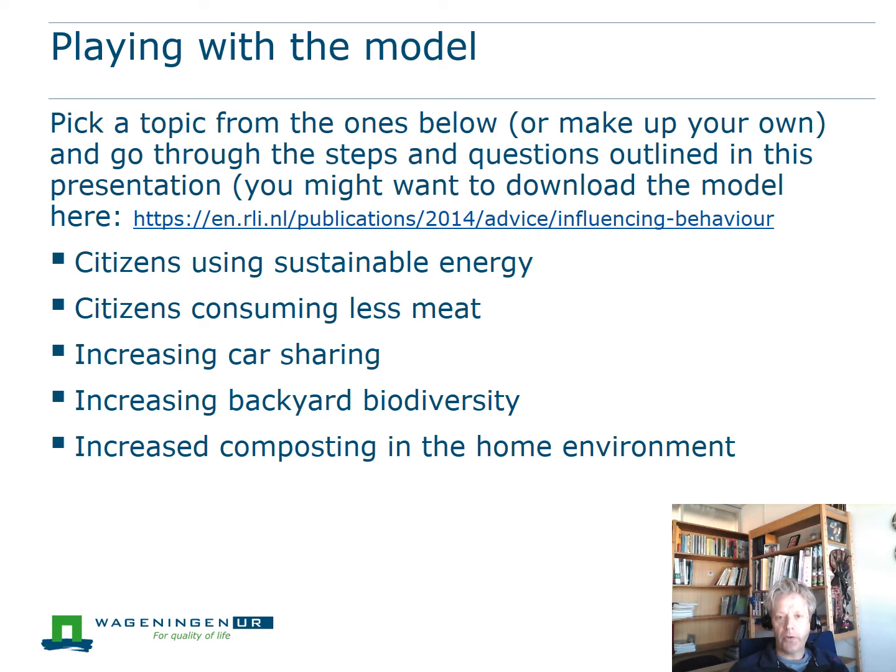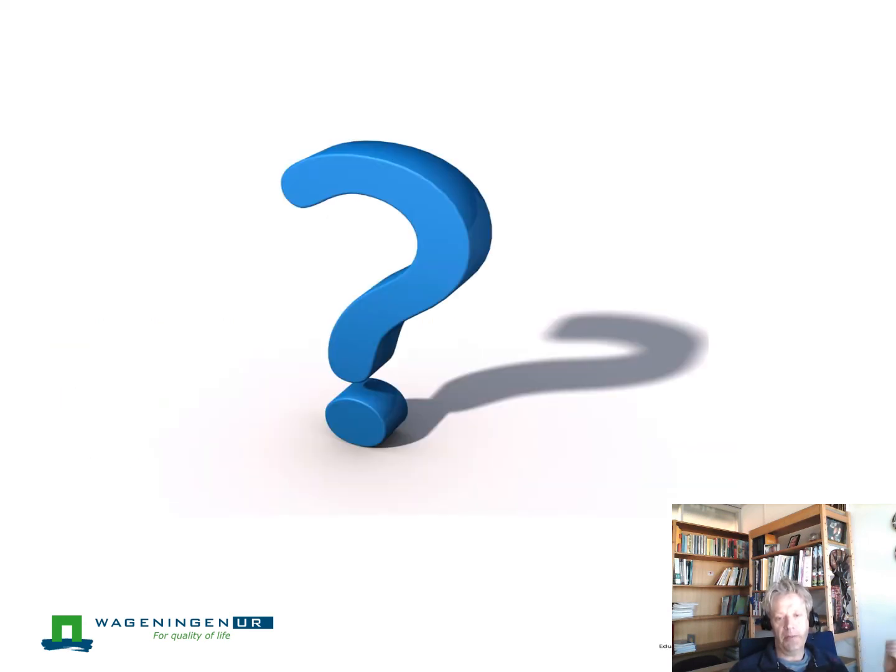Play with the model. You could pick a topic like the ones listed here and start thinking about the different steps in terms of how you might influence people's behavior in relation to car sharing or increasing backyard biodiversity or using sustainable energy and so on. I encourage you to play around with the model to make it come alive.